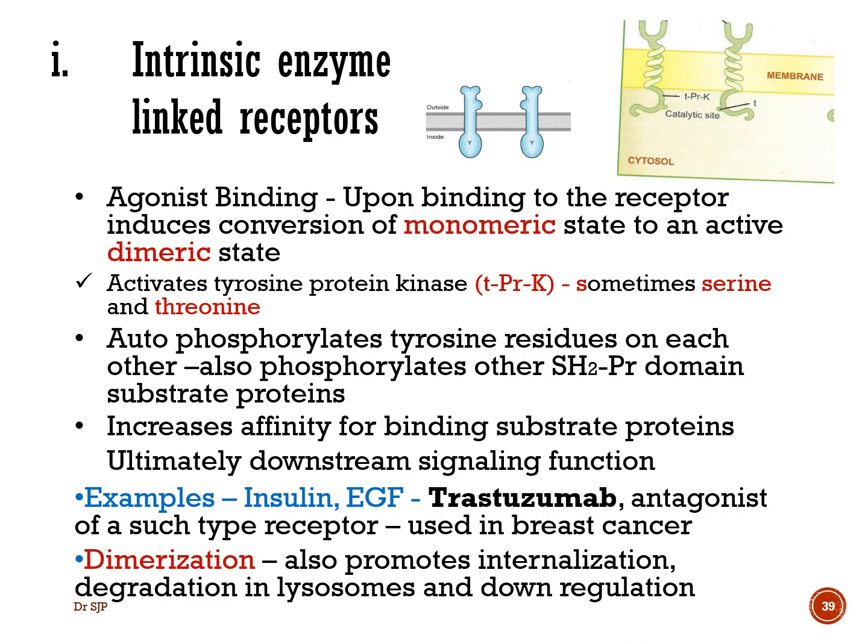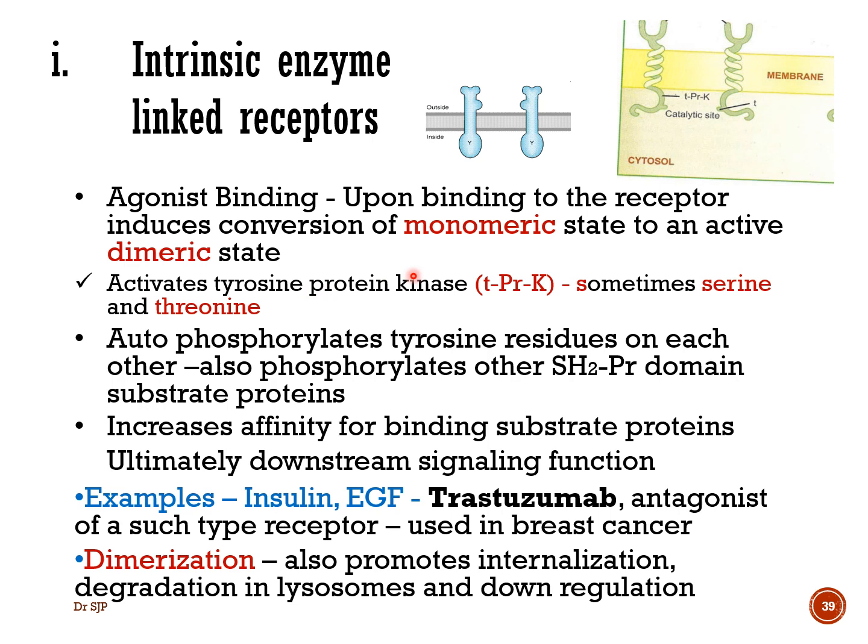Also, there are intrinsic enzyme linked receptors. This is basically the same thing and it is well explained here in the written form. You can see the agonist first binds, and as soon as the agonist binds to the receptor, the monomeric state leads to the formation of the active dimeric state.